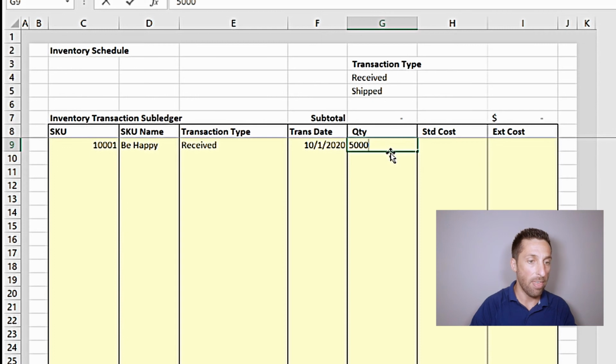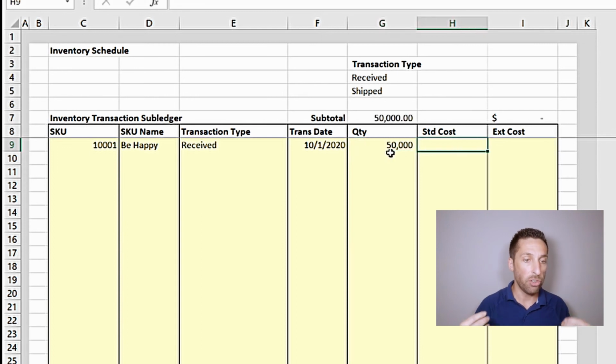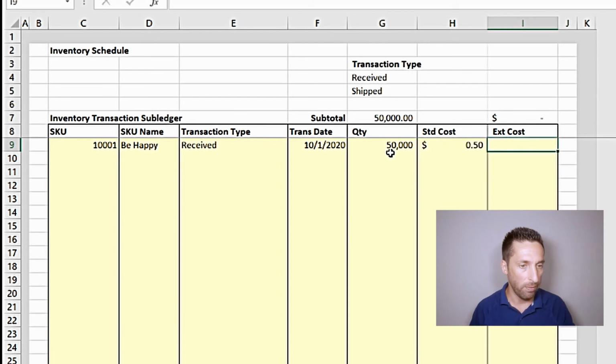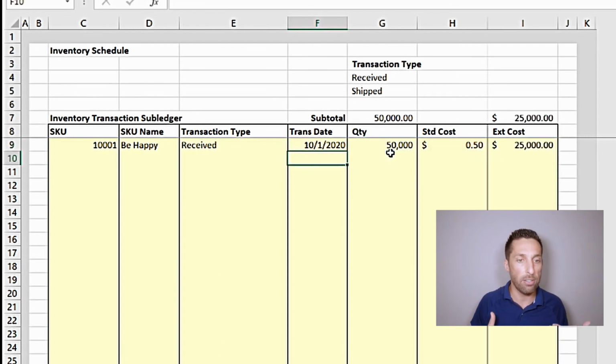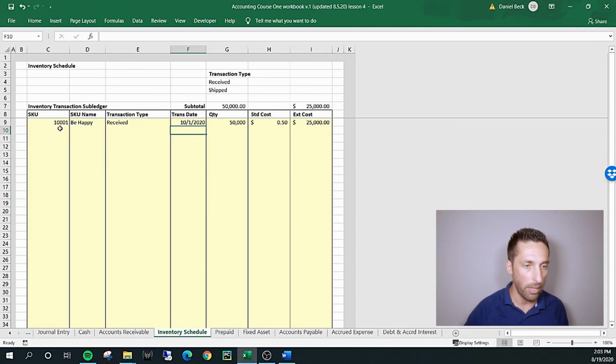Quantity 50,000, and our standard cost is going to be the cost per unit in this specific case. So we'll say 50 cents, and our extended cost is the quantity times the standard cost. That is our extended cost in accounting. So now we've filled out our inventory schedule. We know what our cost per unit is for tracking.